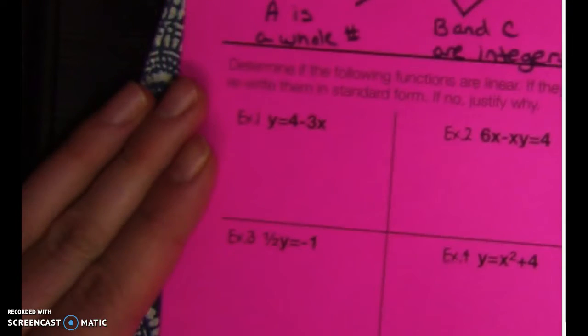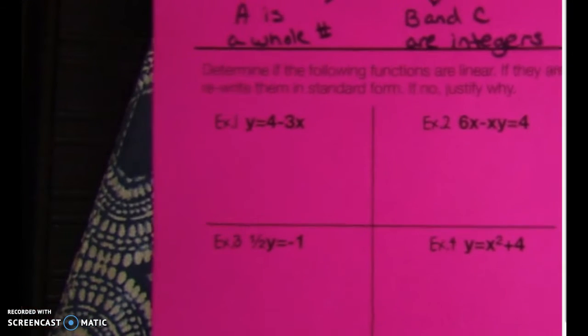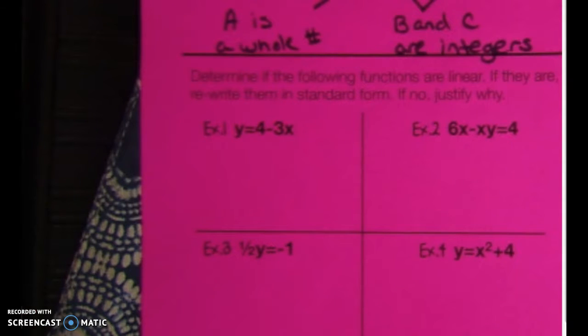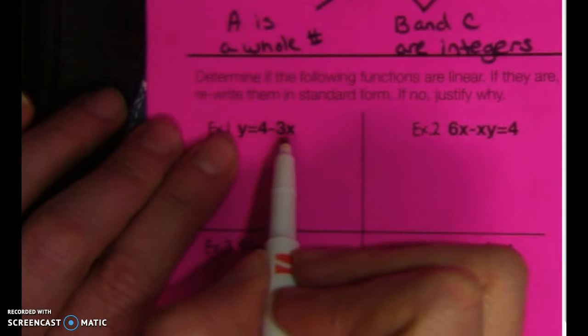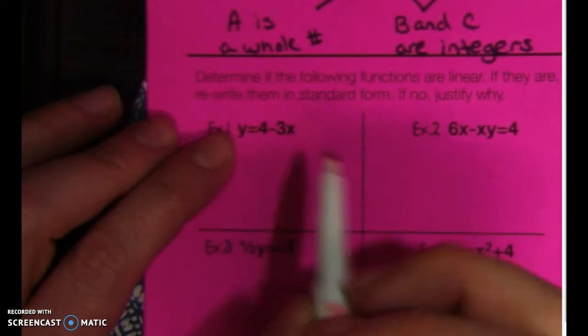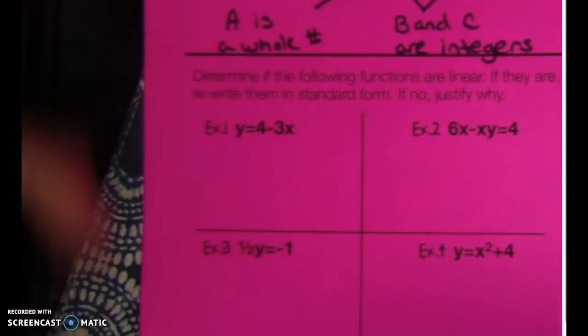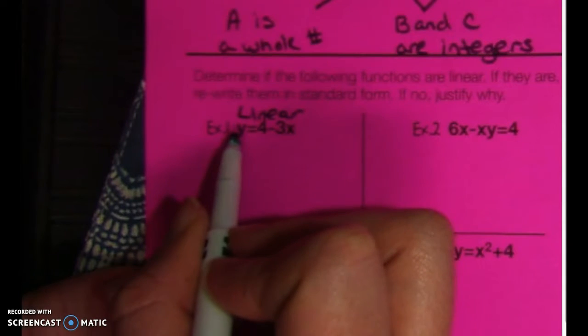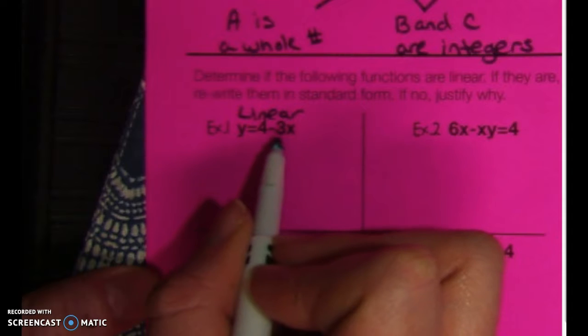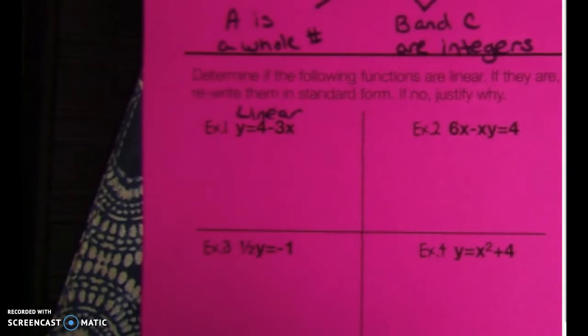All right. So here we're going to decipher if we're linear or not. So we have y equals 4 minus 3x. This is going to be linear because my y is getting multiplied by 1 and my x is getting multiplied by negative 3. So we're going to rewrite this in standard form.